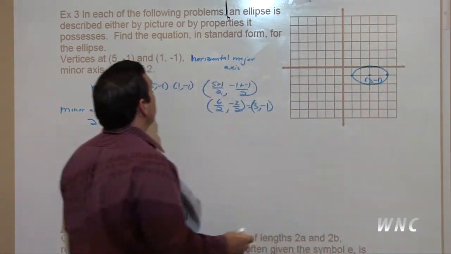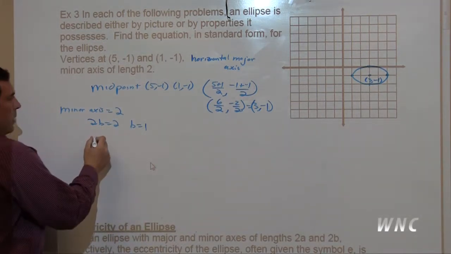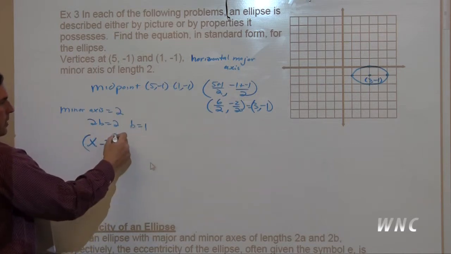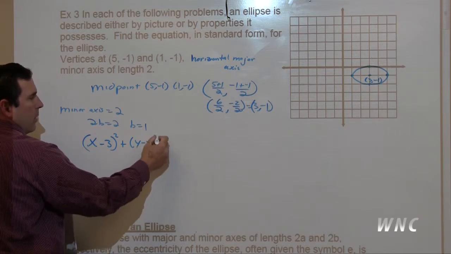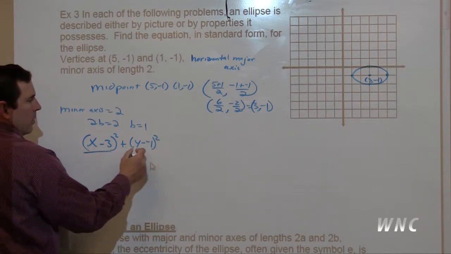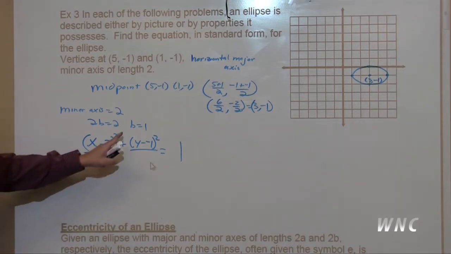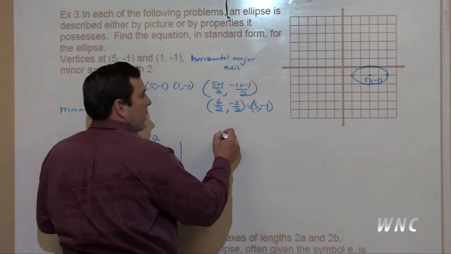So what's the equation of the ellipse? It's going to be x minus 3, the x location for the center, plus y minus -1, the y location for the center, over something each equals 1. It opens horizontally, so the a squared is going to be down here. What's our a?